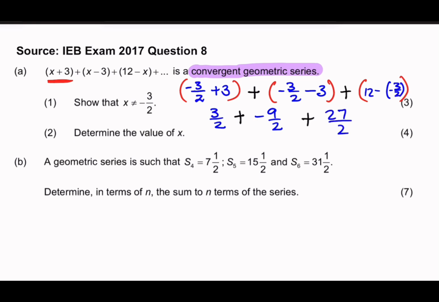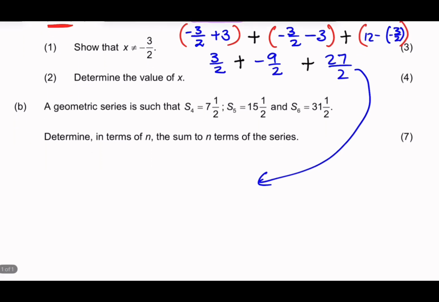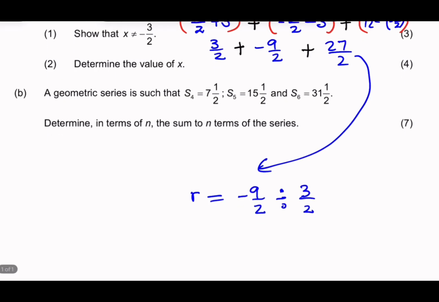Because you have this, you now can do the ratio, which you can just take this term divided by the previous one. So you could just take negative 9 over 2 divided by 3 over 2 to get what r is, and that is an r of negative 3.